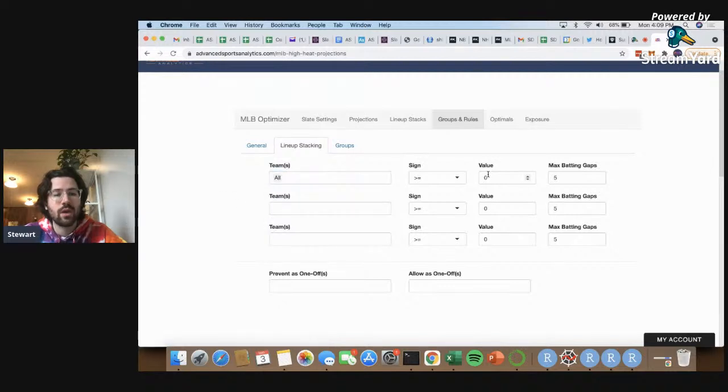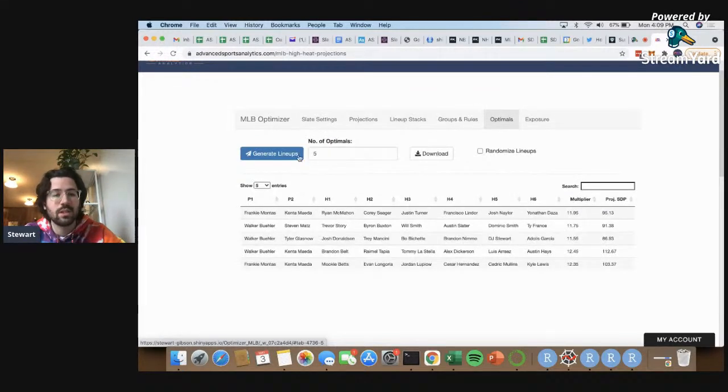So if we wanted all 5 of our lineups to have a stack of at least 3 players from one team, what it'll do is cycle through all the teams, find the best lineup that can be created by each team, in which 3+ players are rostered from that team, and say, all right, what is the best of these sets of lineups?